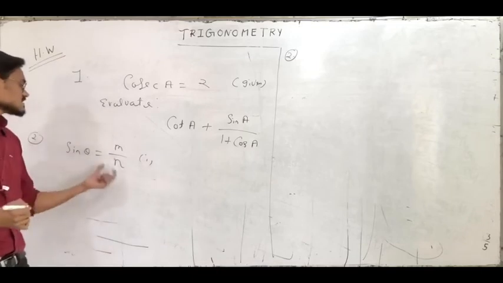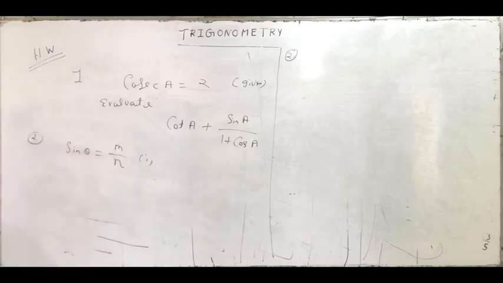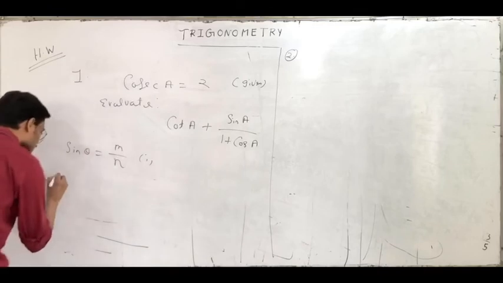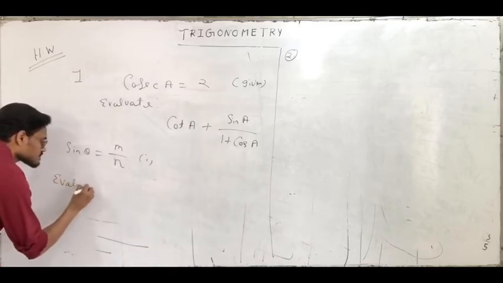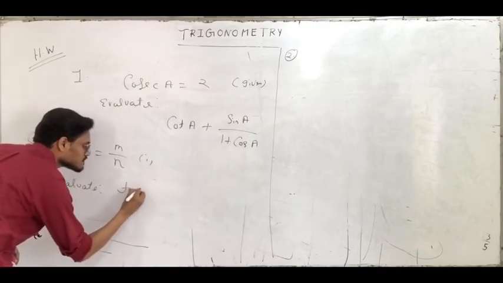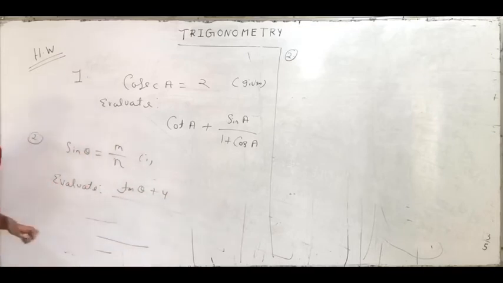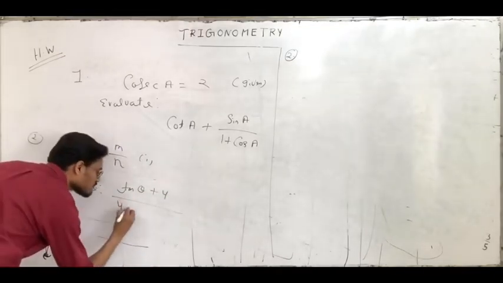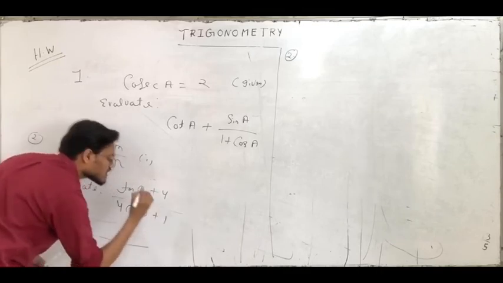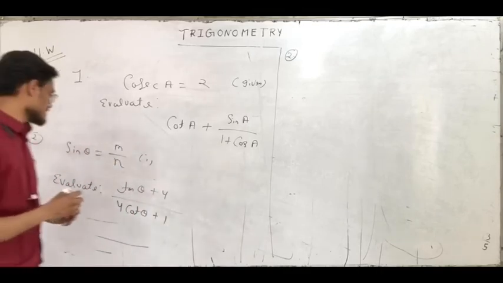Okay, sin theta is m by n. So if you are given sin theta is m by n, you have to calculate the value of tan theta plus 4 upon, in the denominator part, 4 cot theta plus 1. Okay, you have to calculate this one.